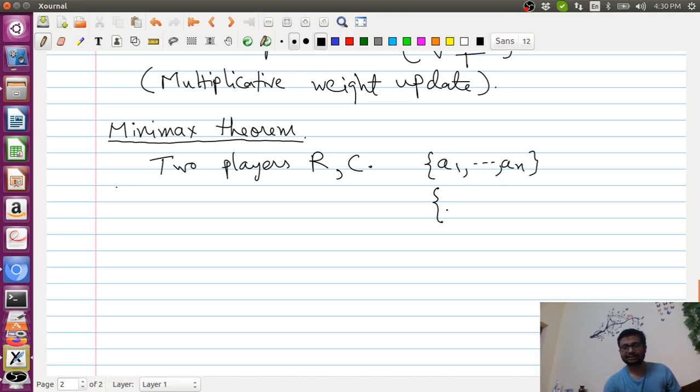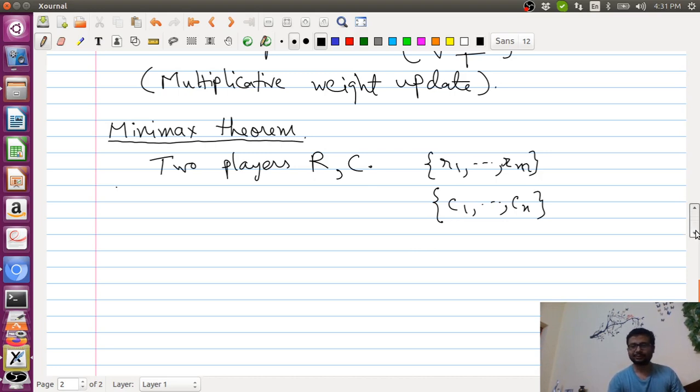and C has, so maybe I'll use small case r to denote R's action set. So small r1 through small rn, and C's action set is c1 through cn. Okay, so let me say R has m actions instead, r1 through rm, and C has n actions, c1 through cn.